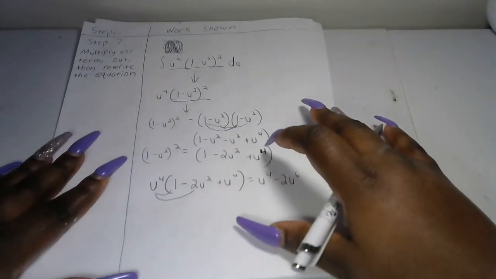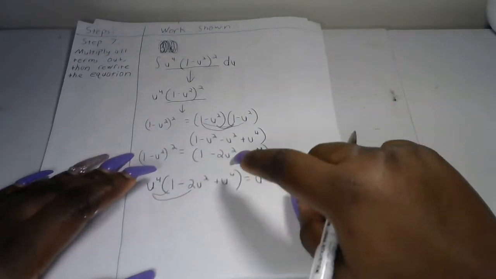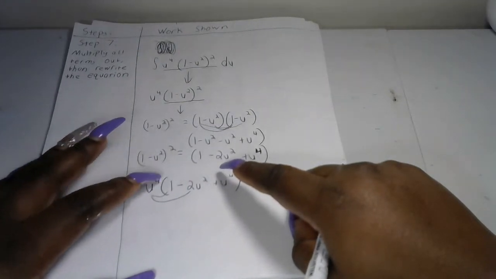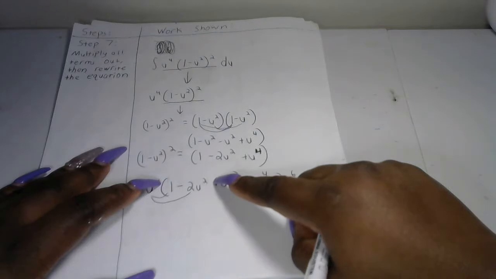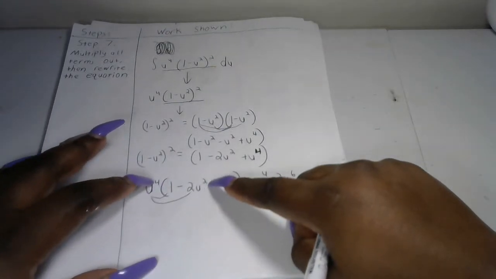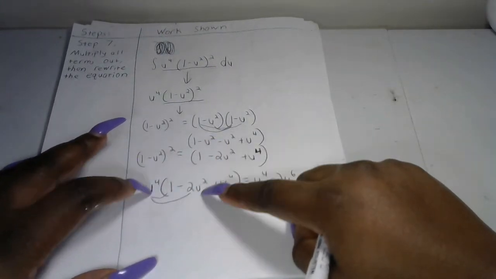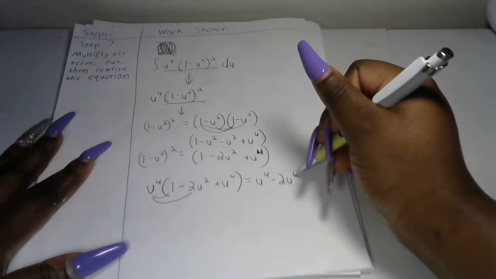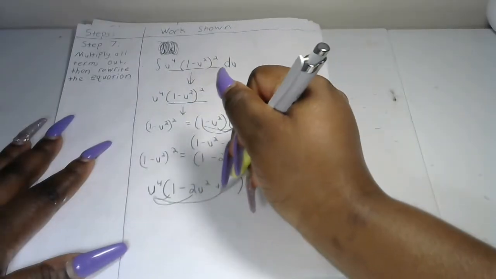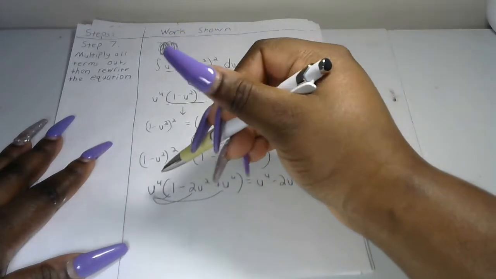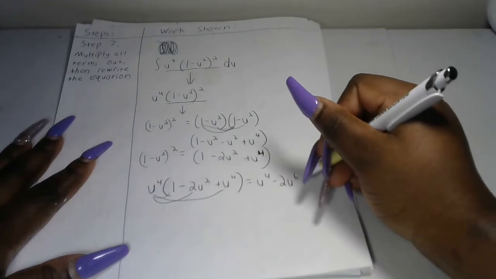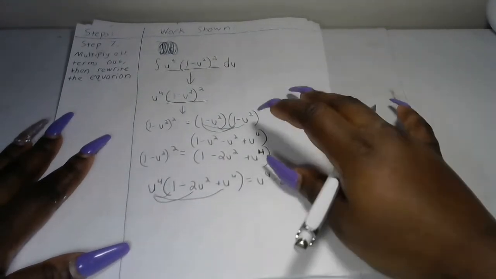It's u to the sixth because it's a term with an exponent times a term with an exponent. If you're multiplying two terms with the same base, you add the exponents. So it's negative 2u to the sixth, and then u to the fourth times u to the fourth is u to the eighth.